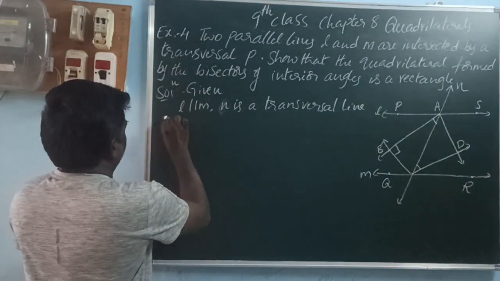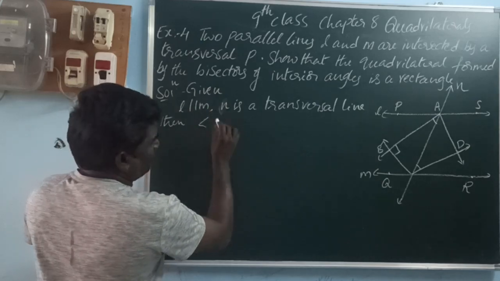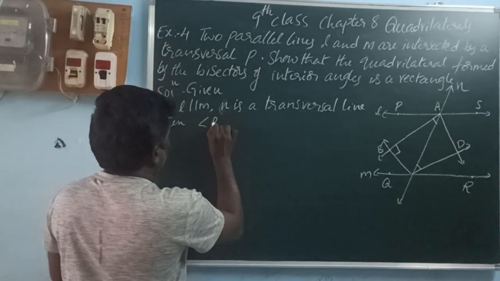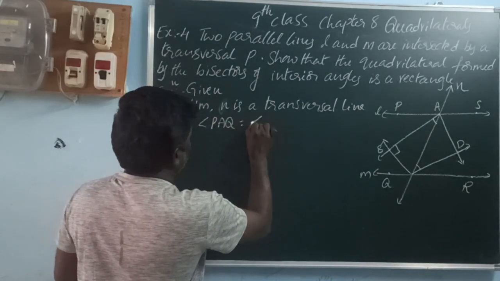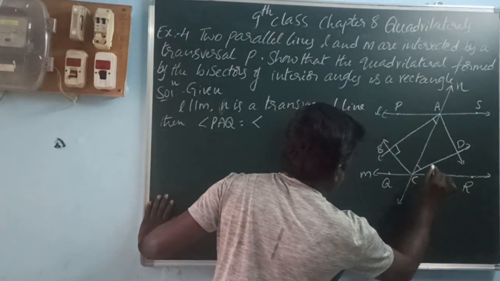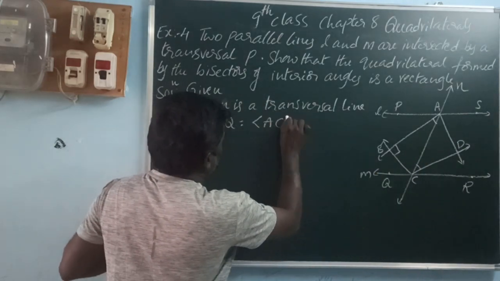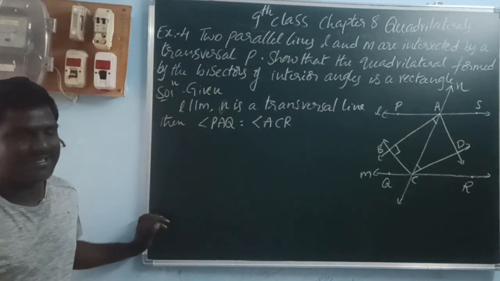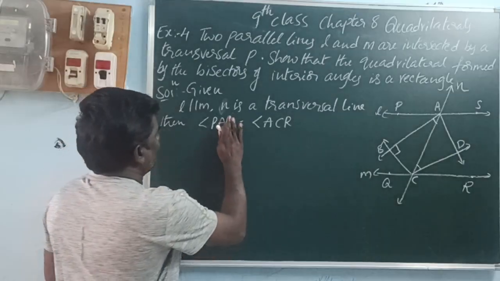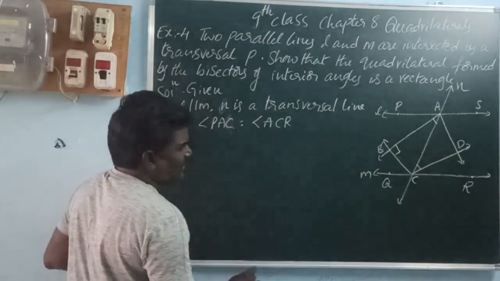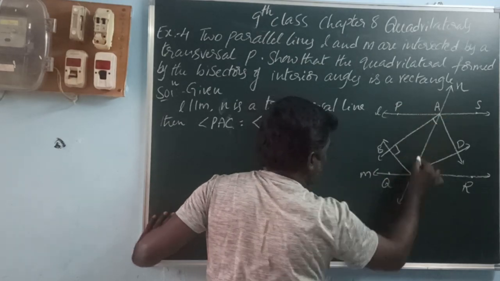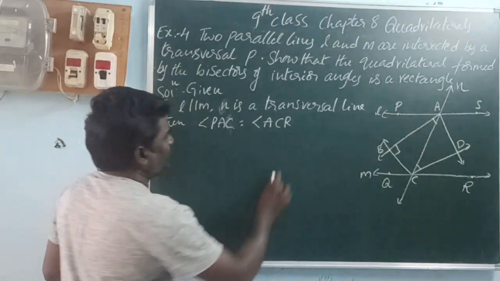So angle PAC is equal to angle ACR. Why?